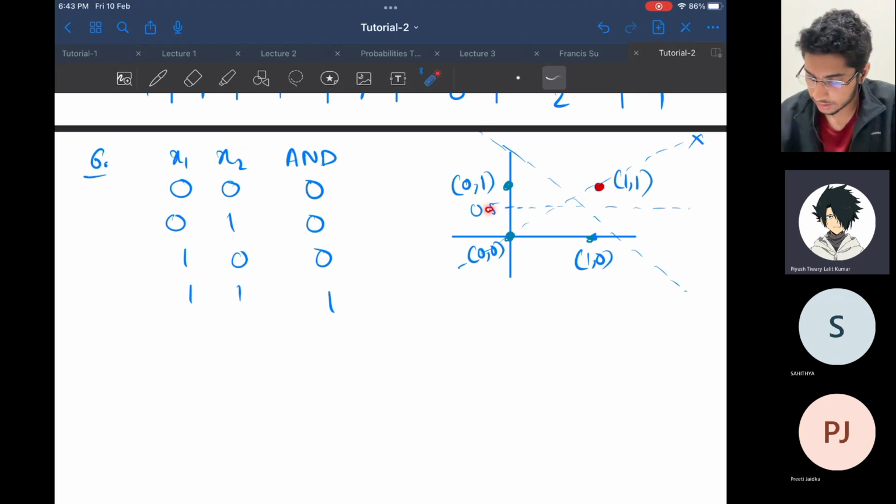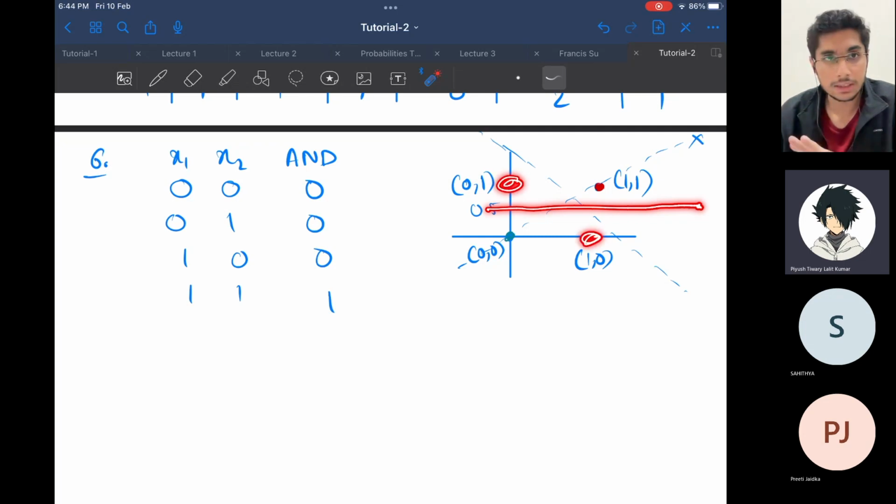Essentially, this is the boundary that one of the options shows. Well, this option is no good either, right? Because again, this point and this point are on the other side of the decision boundary, and hence they are misclassified, and this is not what an MP neuron will learn.